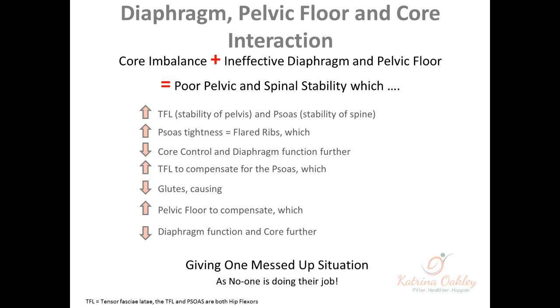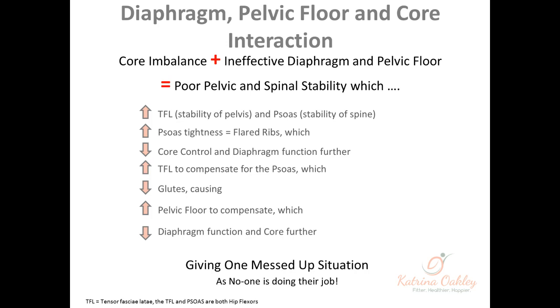And the TFL will overwork to help stabilize this. That also means our psoas, one of our other hip flexor muscles, is going to overwork to help stabilize your spine.